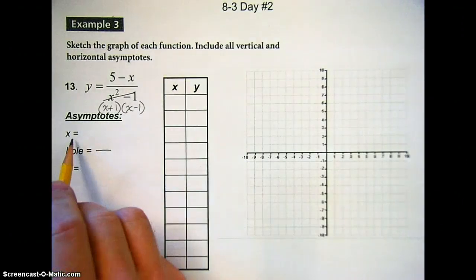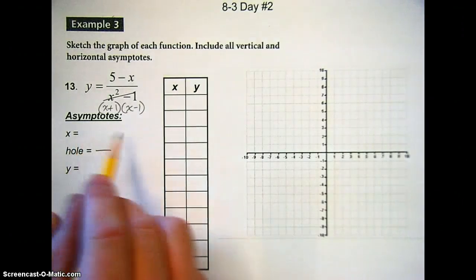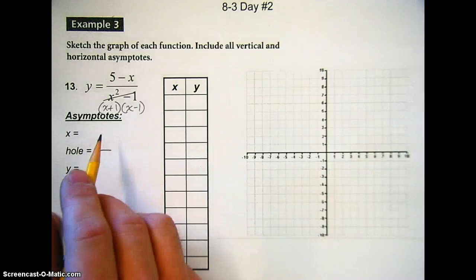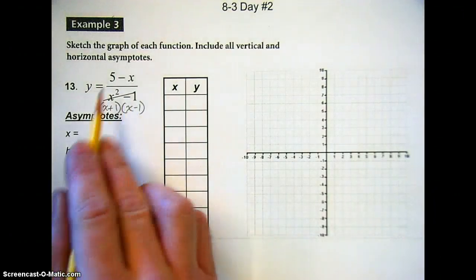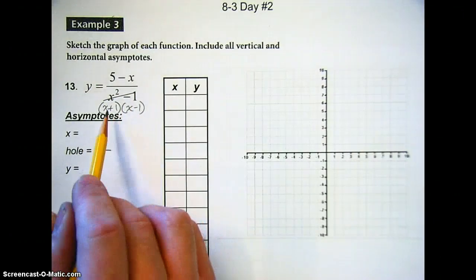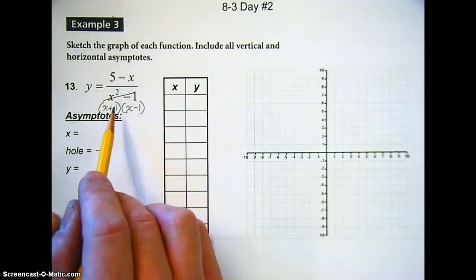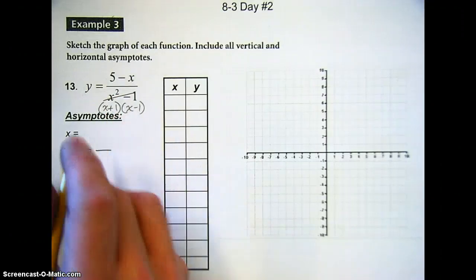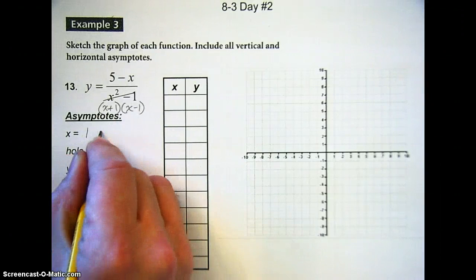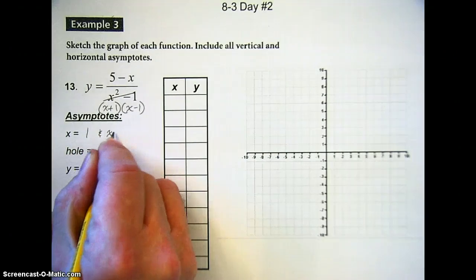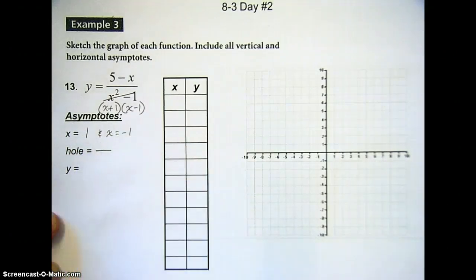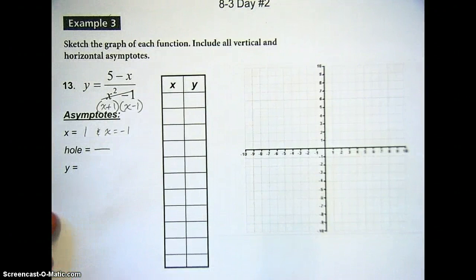Now, in terms of our vertical asymptotes, do we have any? Yes. What will make our denominator 0? Yeah. Plus or minus 1. So x equals 1 and x equals negative 1. That means when I go over to my graph, I am going to have two asymptotes.